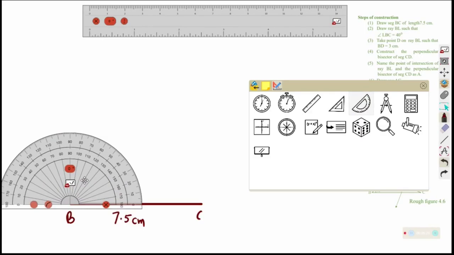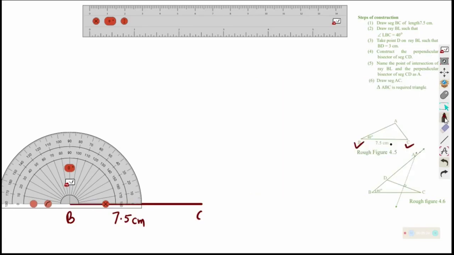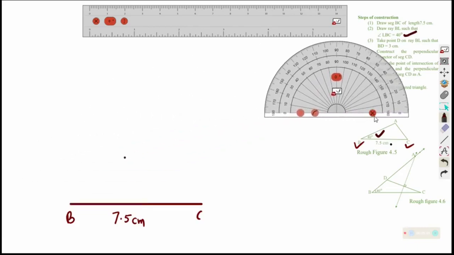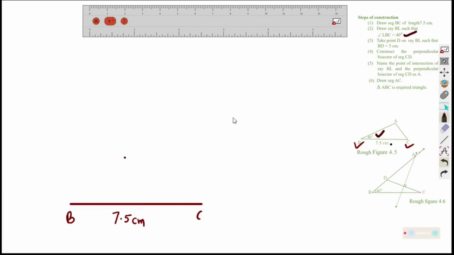After keeping the protractor properly, it should be very perfect, otherwise the answer will go wrong. And once it is placed, mark 40 degree, which is given as the measurement of angle here. Okay, that is what is 40 degree. We need the ruler to complete the diagram.